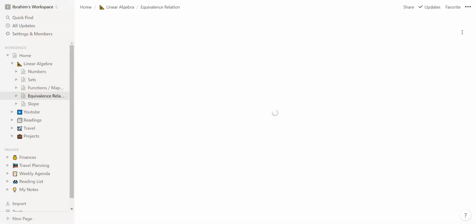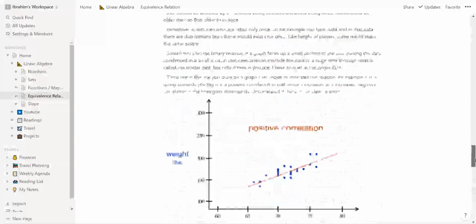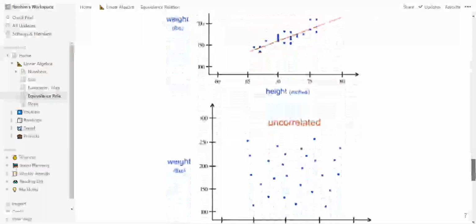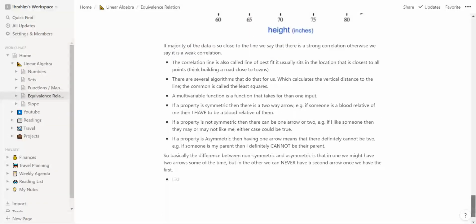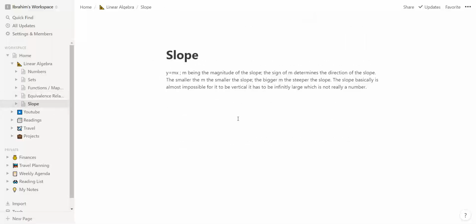There's something else we should consider, which is when we started talking about binary relations, the change in y and the change in x. Anyway, let's keep going with the slope.